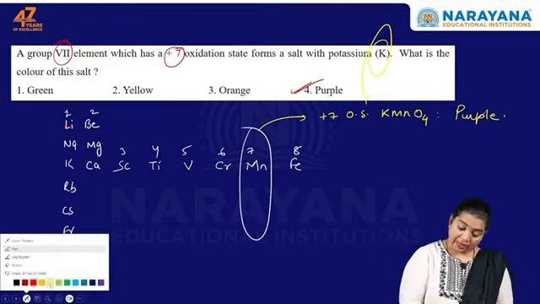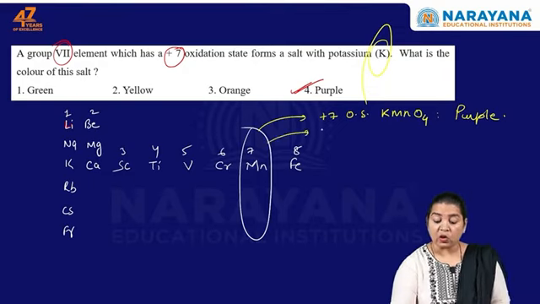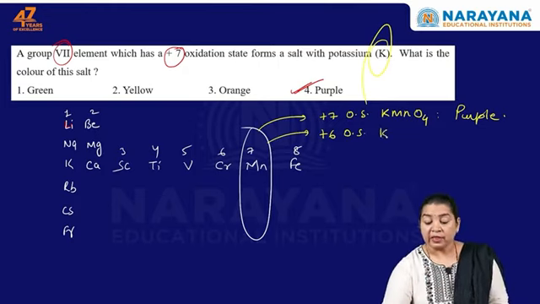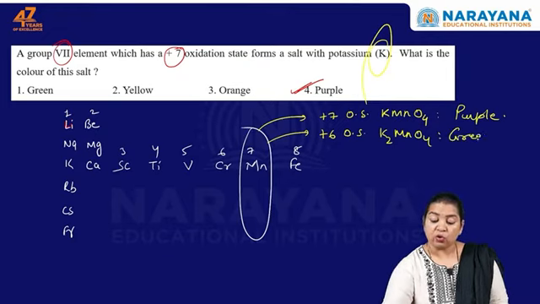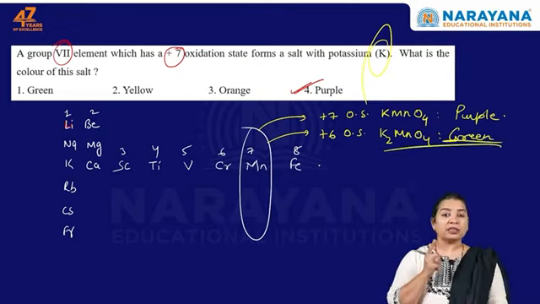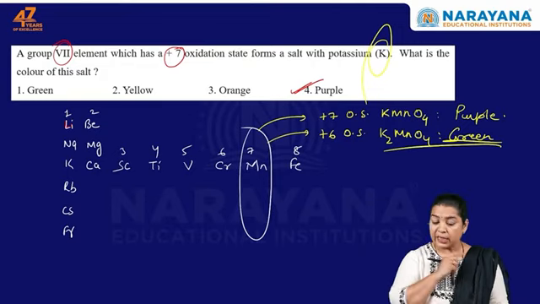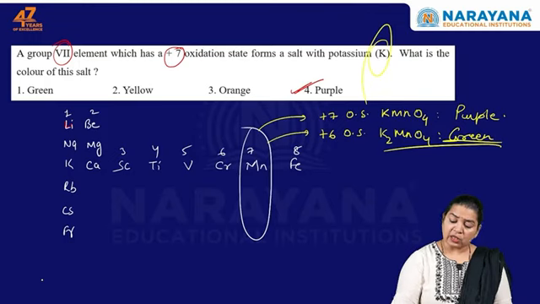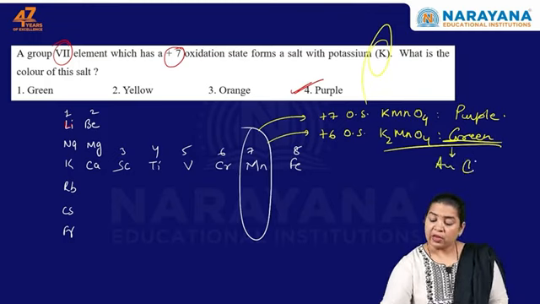But if the question was of +6 oxidation state, as some students were debating, then it is K2MnO4 they are asking, and the color of K2MnO4 is dark green. In that case, the answer would have been first.